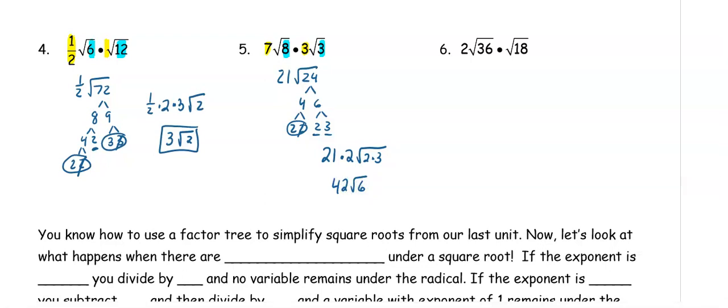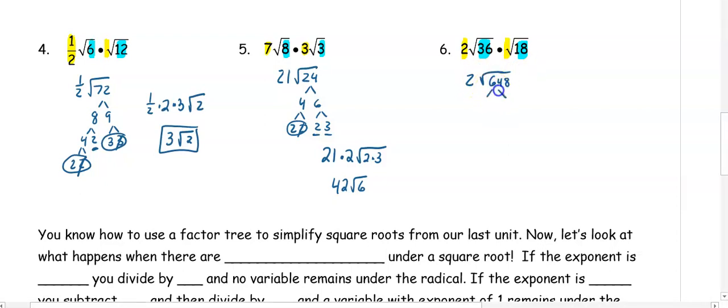In number 6, when we multiply, on the outside we have a 2 and a 1. And on the inside, we have a 36 and an 18. So when we multiply, 2 times 1 is 2. 36 times 18 is 648.